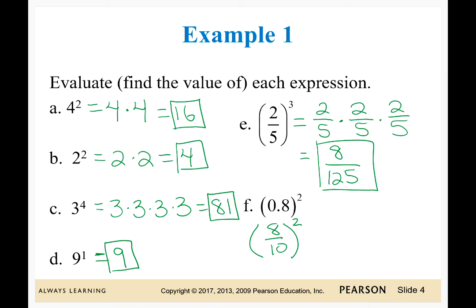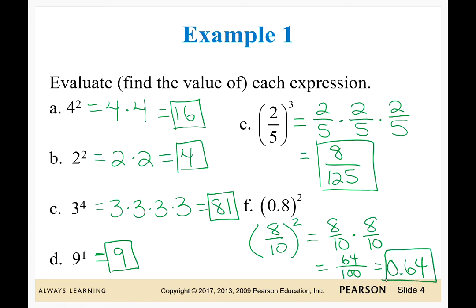And decimals love 10. So if you have a 10 in your denominator, leave it. All right, so this is 8/10 squared, which means this is 8/10 times 8/10. And hopefully, again, don't simplify this one, because remember, decimals love 10s. So 8 times 8 is 64, and 10 times 10 is 100. So that is 64 hundredths. And if you write 64 hundredths as a decimal, that would be my final answer.